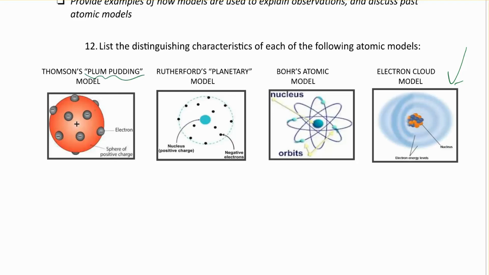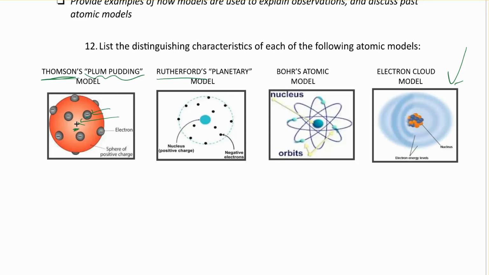The raisin bun model means that the bun part would be all positive, and it has these negative raisins sprinkled into it. So kind of like food, I guess. If you can remember that. So that's Thomson's model. He just knew that there were negative things and positive things, but he wasn't too sure about the way that they were organized.